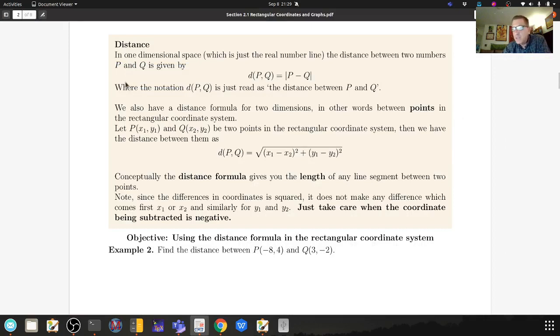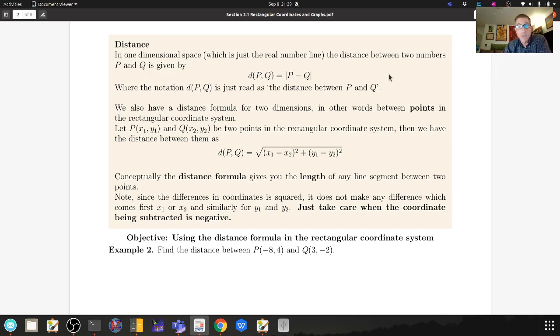So when we're in just one dimension, one dimension is just the real line. Why is it one dimension? Because you really only have one choice. You can go forward or reverse forward. In 2 dimensions, I could go forward or reverse forward, which is backwards, or up or reverse up, which is down. But in one dimension, just the regular number line, the distance between two numbers, p and q, is given by the absolute value of p minus q.